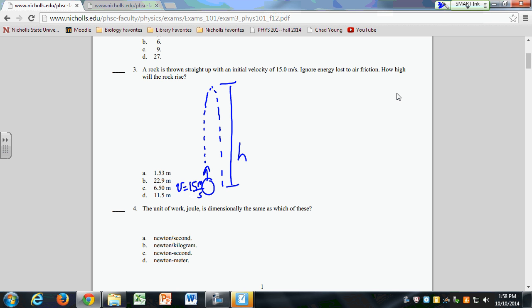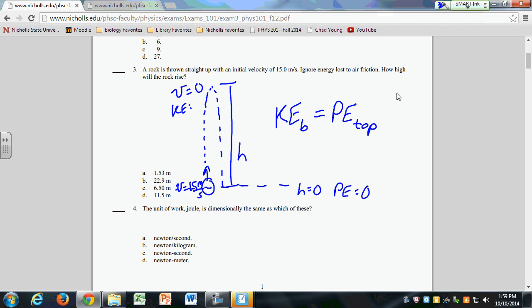Right, only kinetic, because at the bottom, h equals 0, potential energy equals 0. So kinetic energy at the bottom equals potential energy at the top, because at the top, remember, v equals 0, so kinetic energy equals 0.